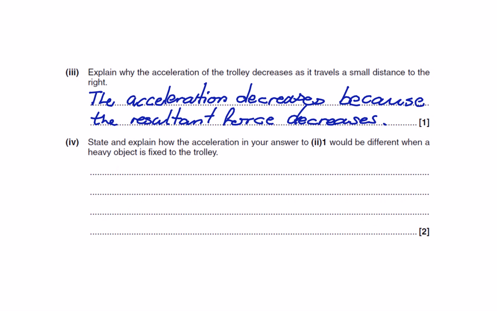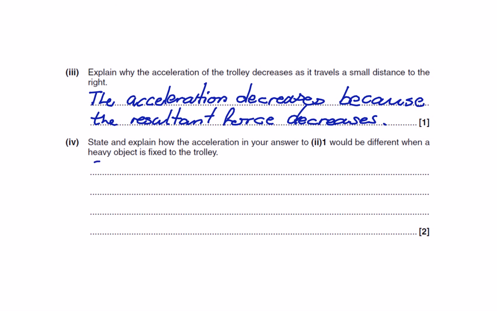Now, just for the last part, I think this one's quite easy. We have to state and explain how the acceleration in your answer to part 1 would be different when a heavy object is fixed to the trolley. So what I would do is state it first.